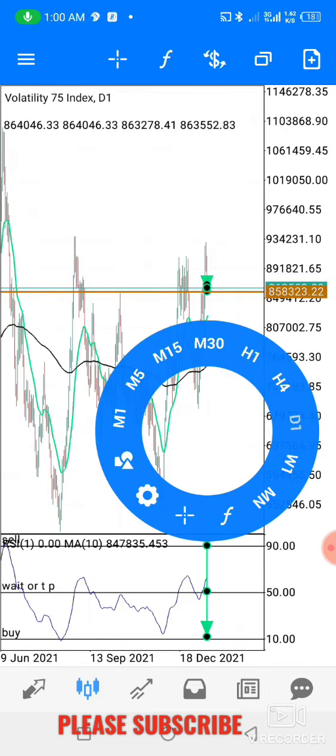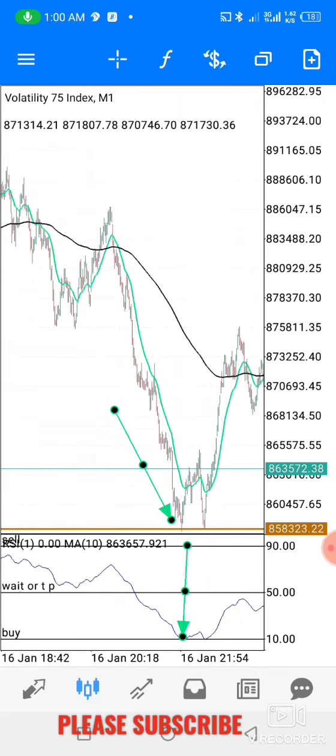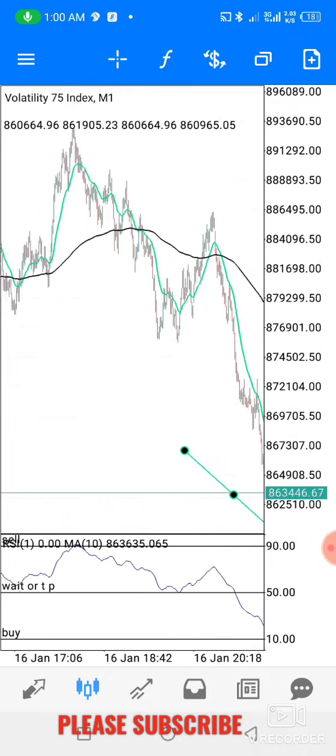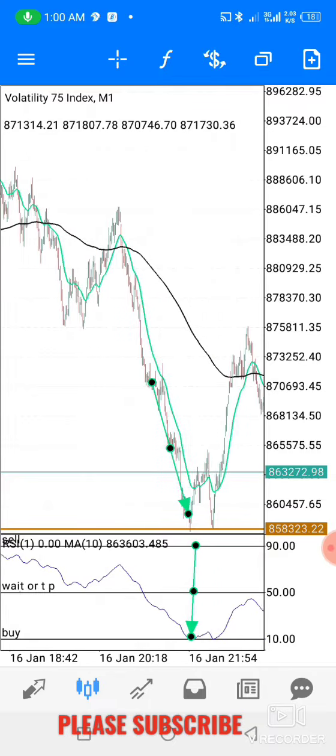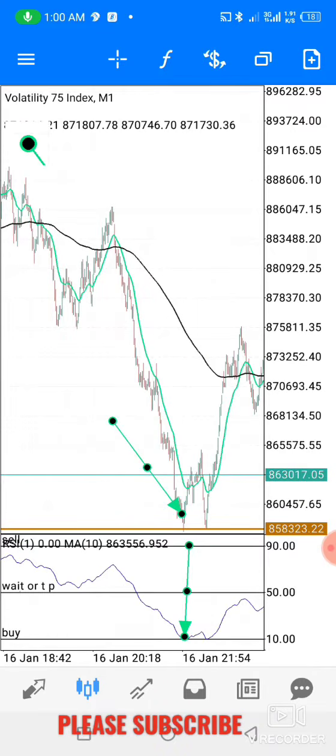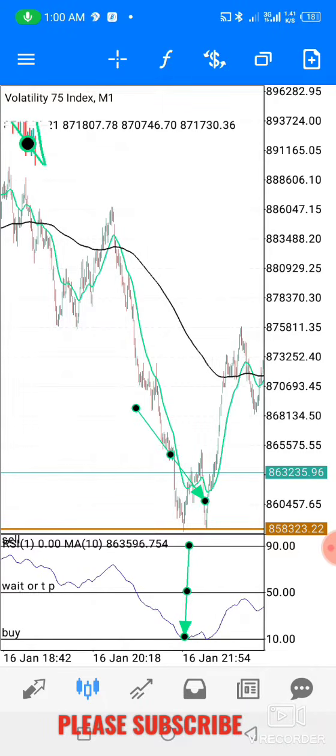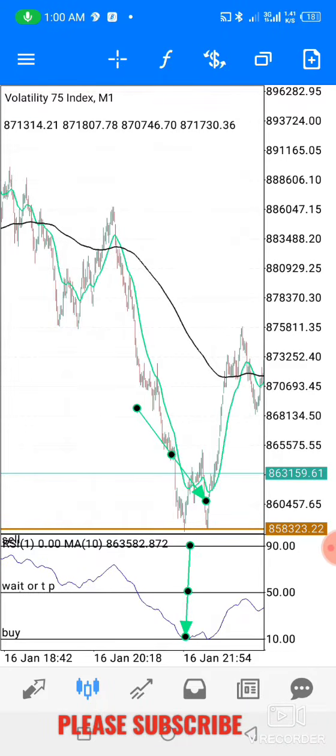But because this strategy is meant to help you not experience loss, make sure you only trade the second swing only. That is it.